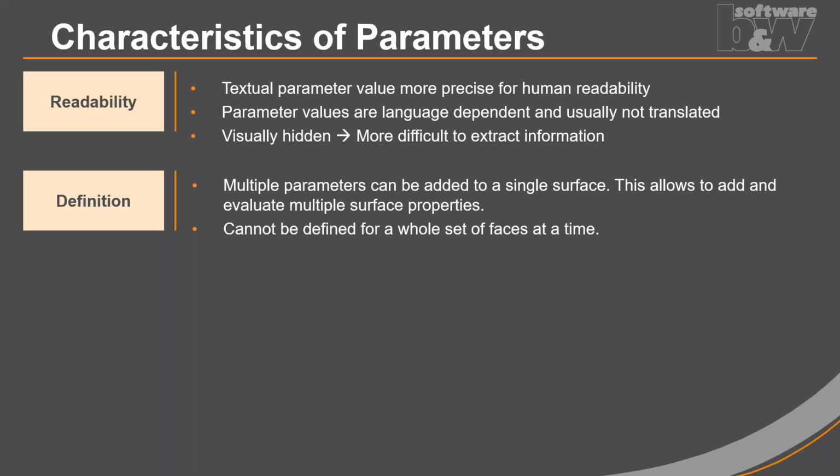But unfortunately, you'll not be able in Creo to define a surface parameter for a whole set of surfaces. So you have to pick every surface, create a parameter, name it, give it the value, and so on. So that's very uncomfortable for multiple surfaces.